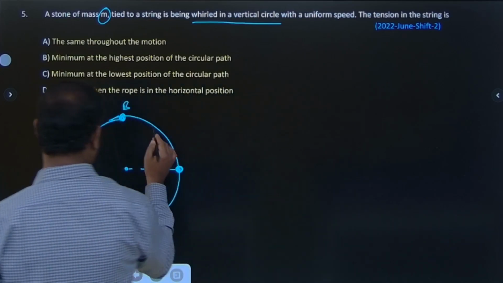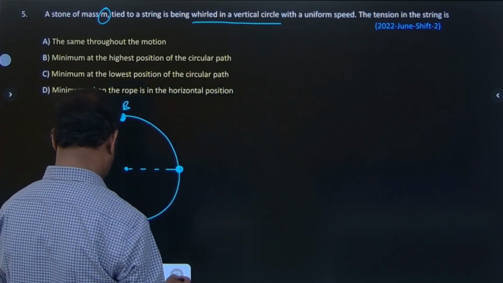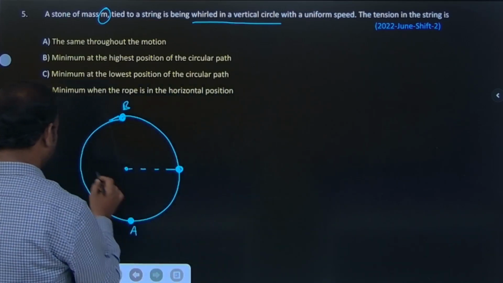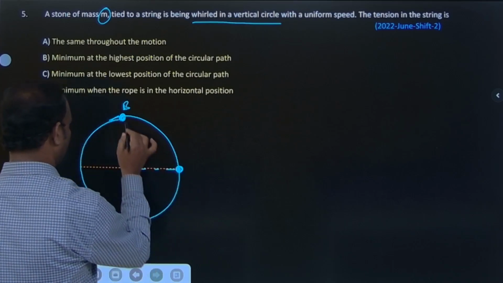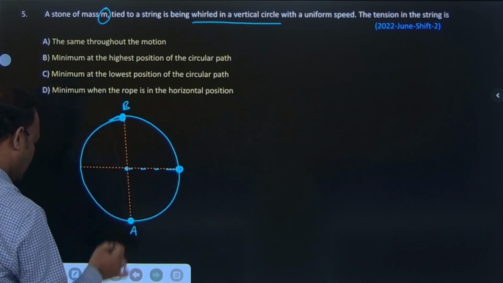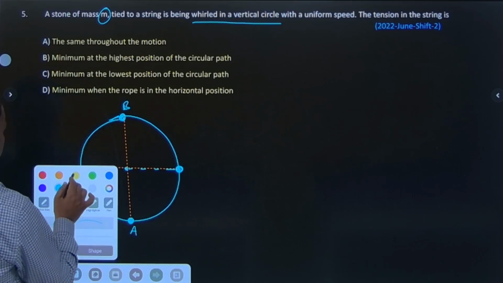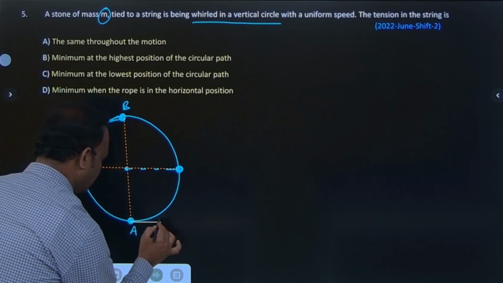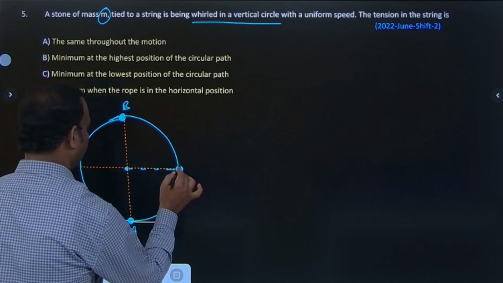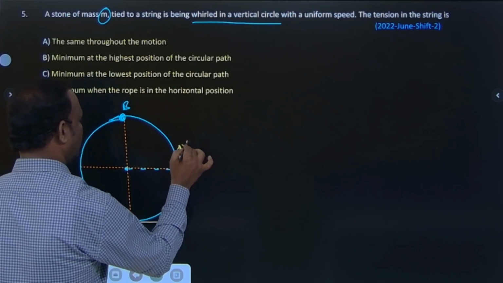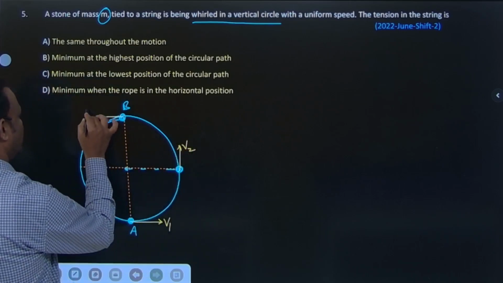So when the particle is moving in a circular path, in the vertical circular path, at the lowest position this is v1, next is v2, and this is v3.